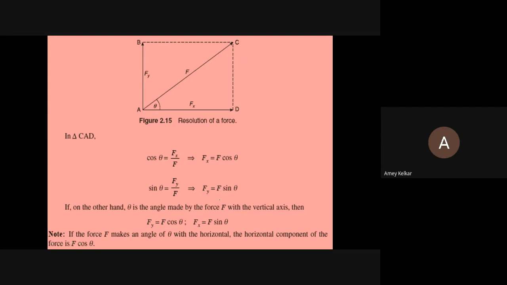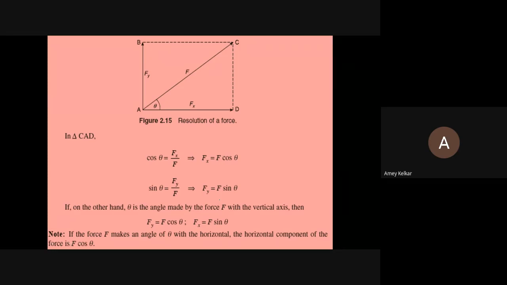By that we get the force along AC, the horizontal component along AD, and the vertical component along AB. Then we take the triangle CAD, and we apply sine and cos. Once we apply cos, we get Fx as F cos theta, and when we apply sine, we get Fy as F sine theta. So this is how we split a given force into 2 components.